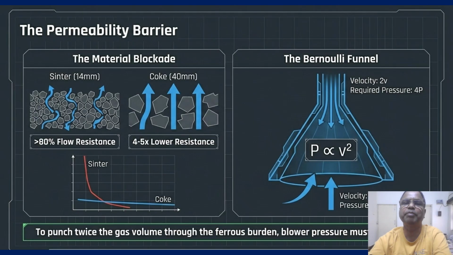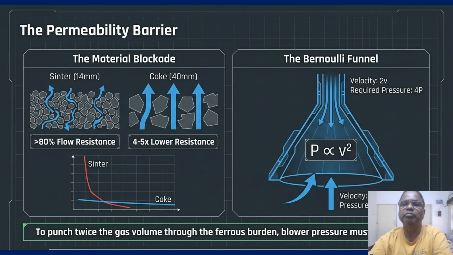Look at the comparison on the left. Sinter at 14 millimeters creates high flow resistance while 40 millimeter coke has 4 to 5 times lower resistance. Notice how the sinter curve spikes sharply. Over 80% of your total gas flow resistance comes from that ferrous burden.